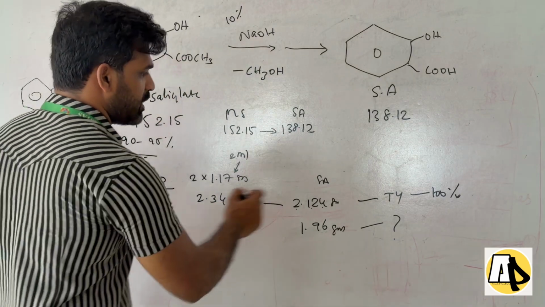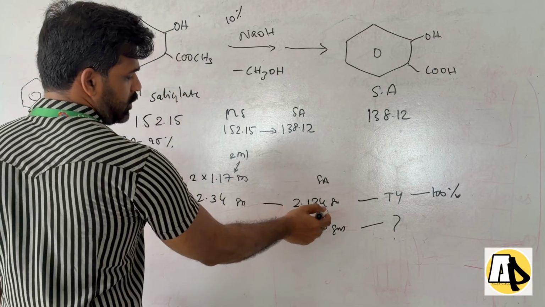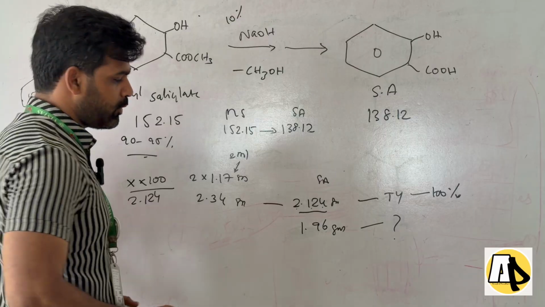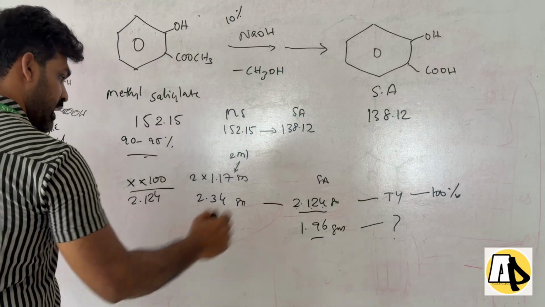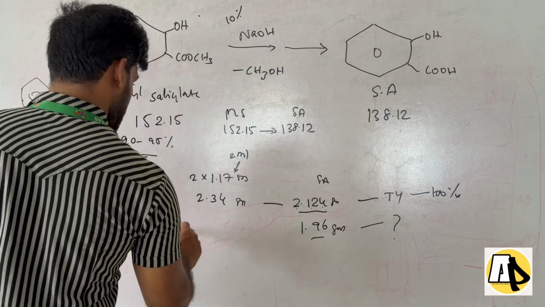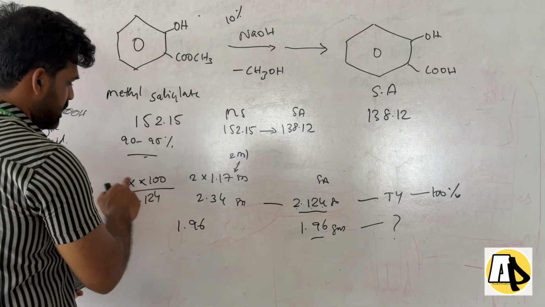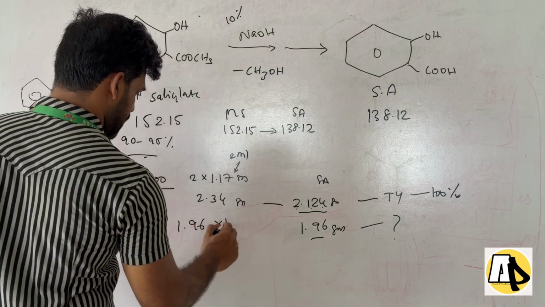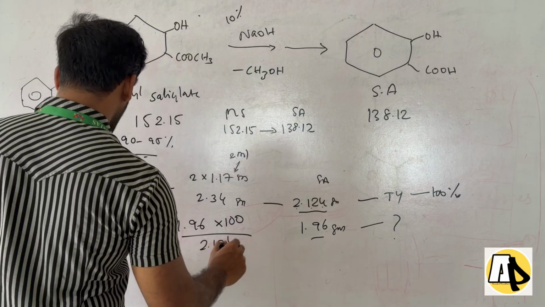So converting that to percentage yield, from the theoretical yield we are supposed to get 2.124 grams, but we got 1.96 grams. Translating that to percentage yield, you replace x with 1.96 into 100 divided by 2.124.